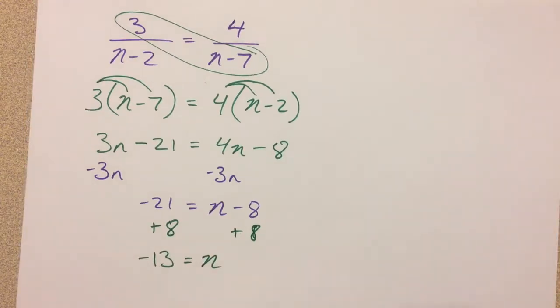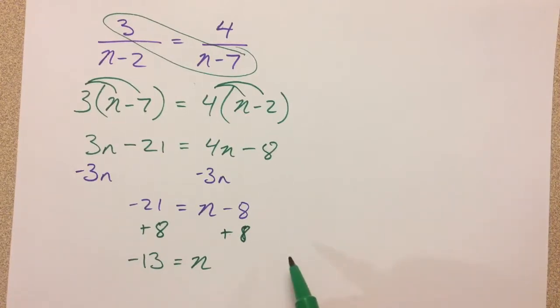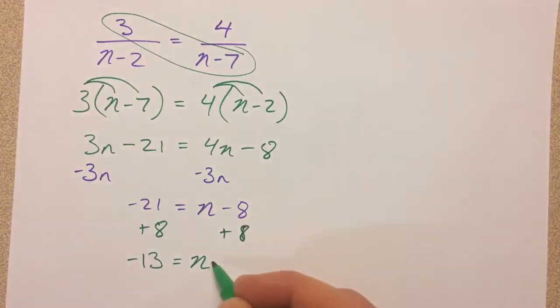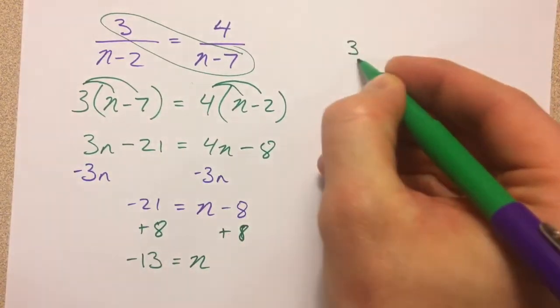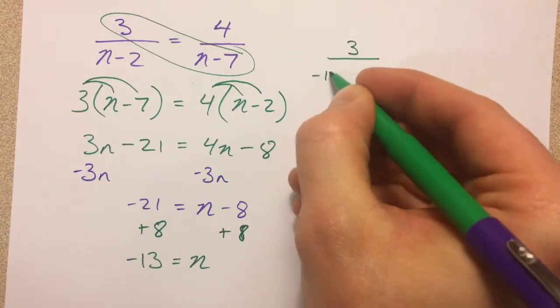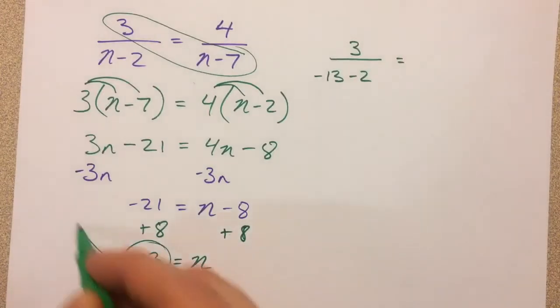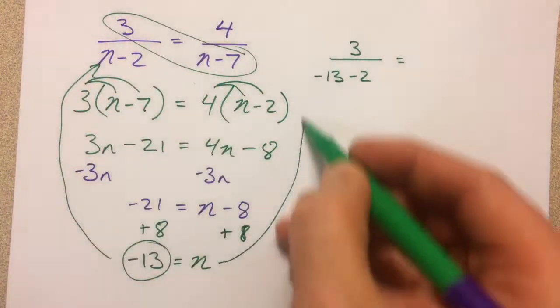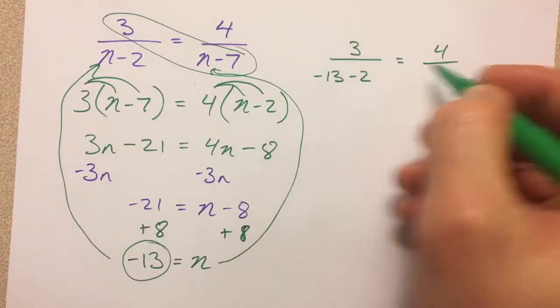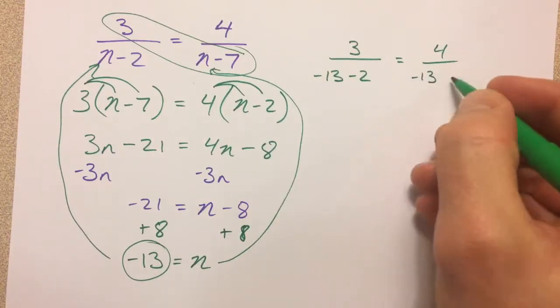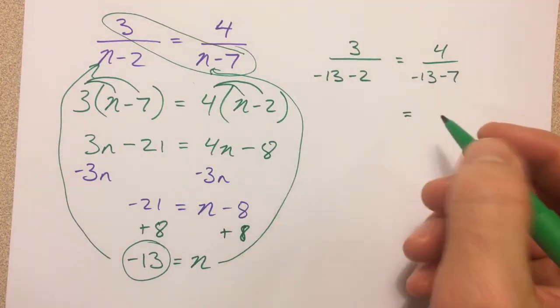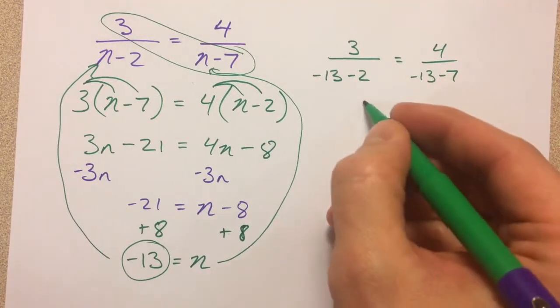So when I plug n back in, you're all capable of making mistakes just as I am. But if I plug n back in here, I should get 3 divided by negative 13 minus 2. I'm just plugging negative 13 back in for the n and back in for the n. You got 4 divided by negative 13 minus 7. So both sides should be equal to each other.